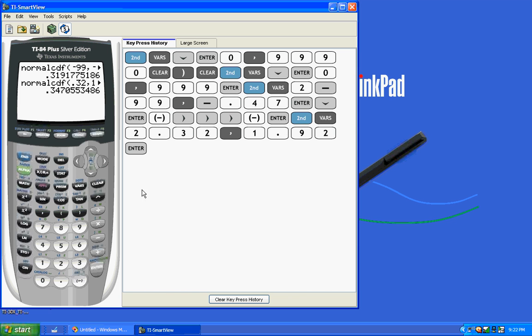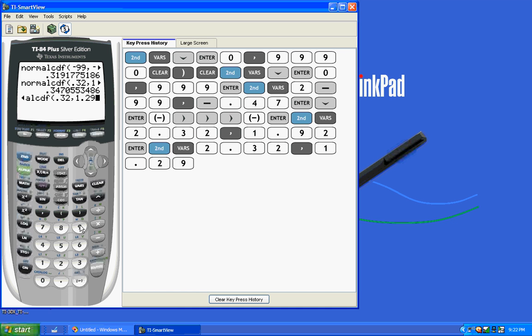So let's see if we get the right answer doing it that way. So second distribution, normal CDF from 0.32, comma, to 1.29, since that's how I worked the problem, and that's the 0.275 or 276 that we got earlier.